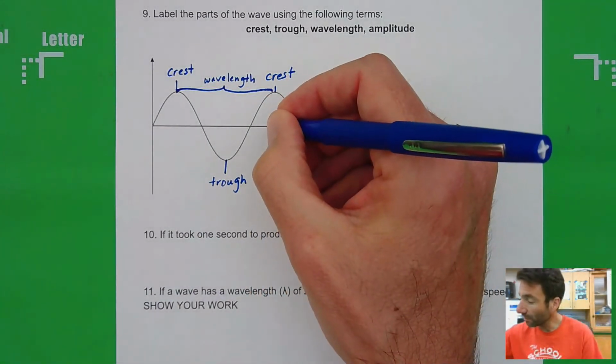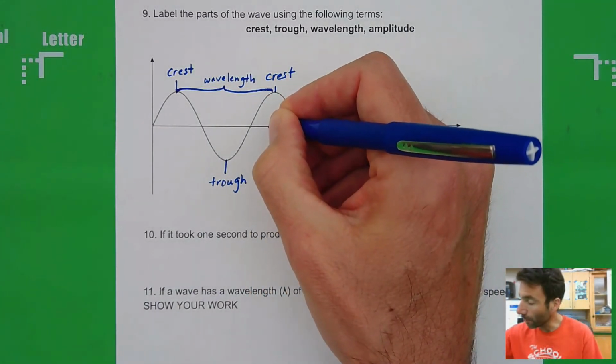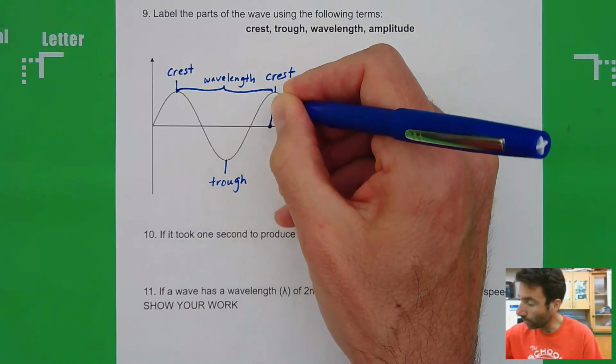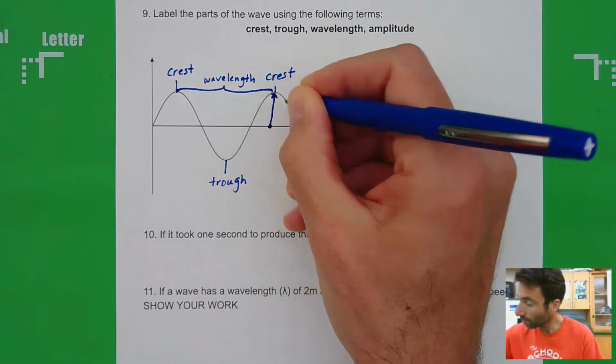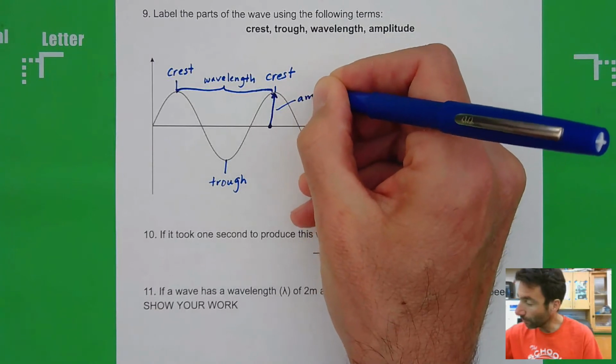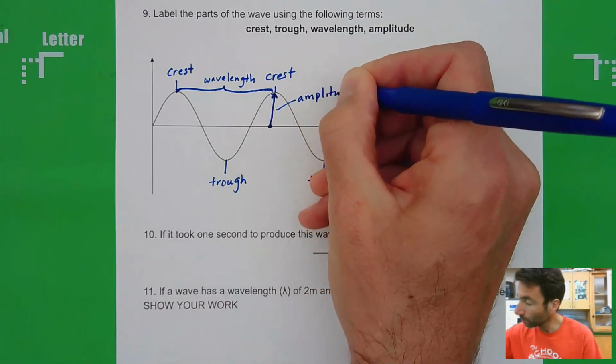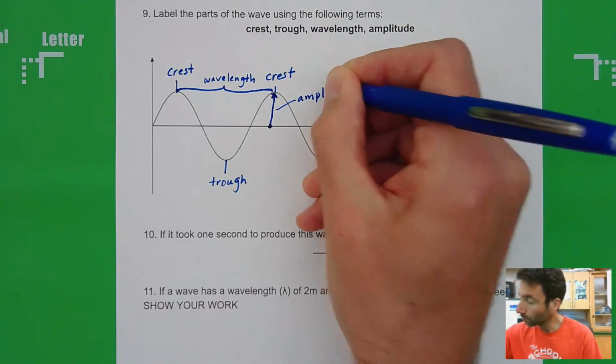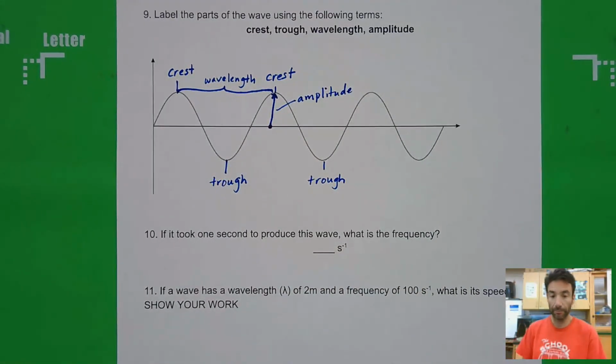So we could say that the distance from that zero line to the crest is the amplitude. Done.